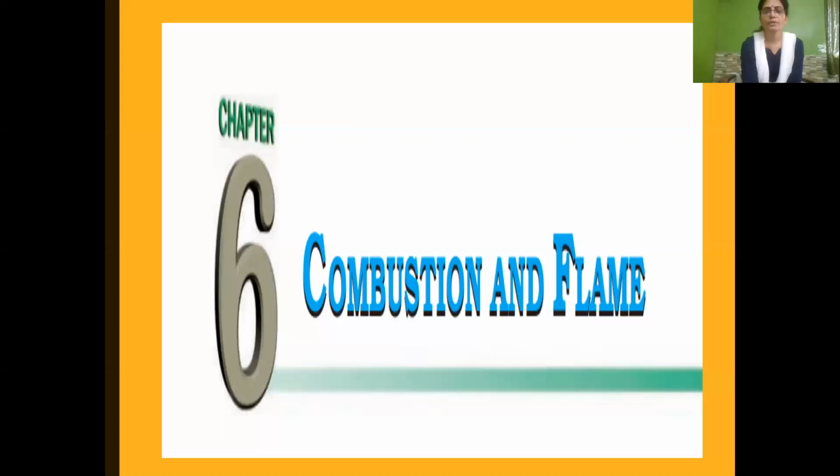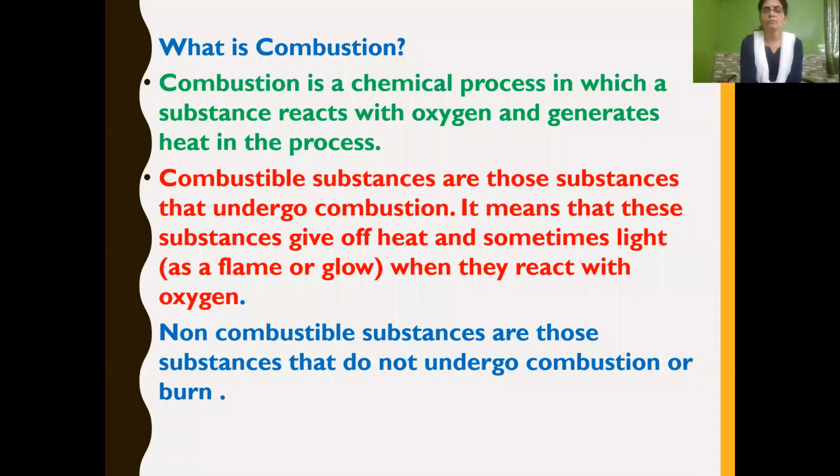Before we continue our chapter, let's have a quick recap of whatever we have learned till now. We have learned what is combustion. Combustion is a chemical process in which a substance reacts with oxygen and generates heat in that process. And then we have learned about what are combustible substances.